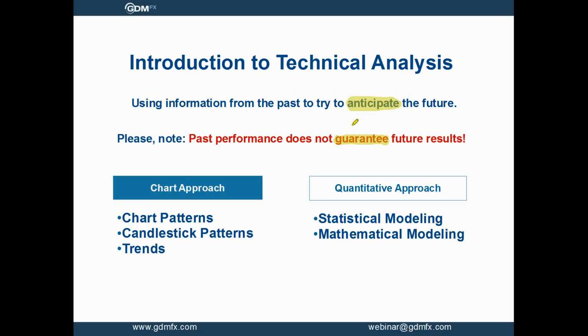Later on in our next webinars, candlestick patterns and trend following. These are more of a visual approach to technical analysis, using the chart, using our eyes. And of course, if we were a quant, which is another thing, then we would be using formulas. We would be using complex statistical and/or mathematical modeling in order to make our trading decisions.